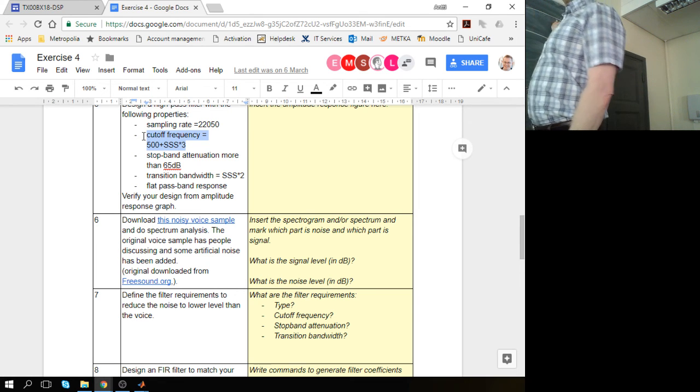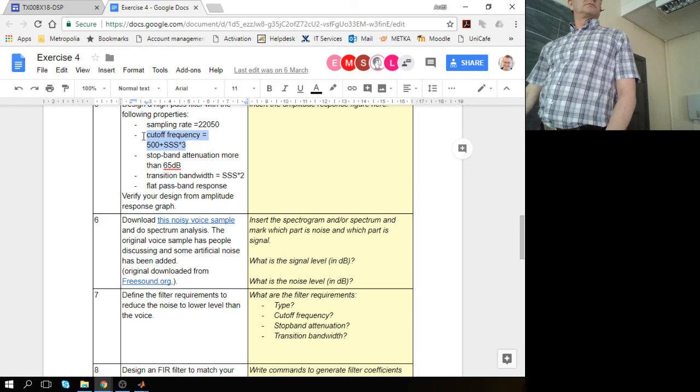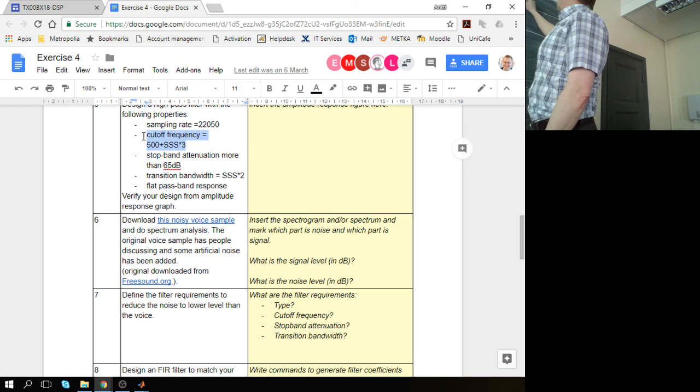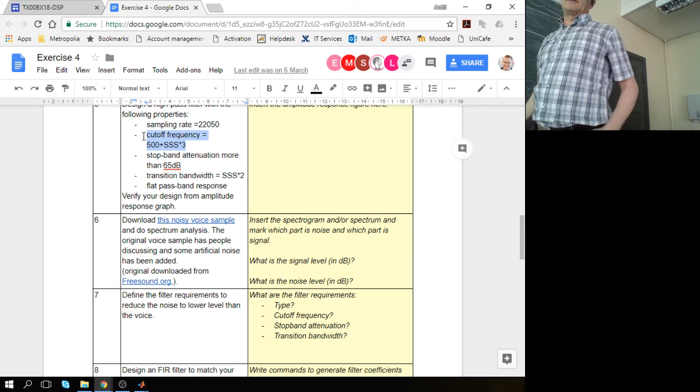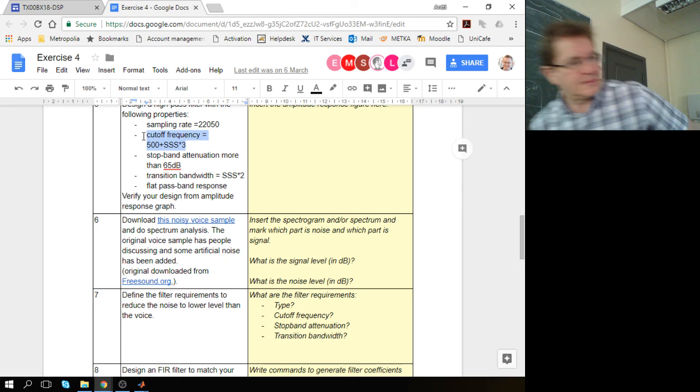Not the bandwidth of the high pass, but the cutoff frequency from 0 to that one. But in the design, you need the bandwidth.